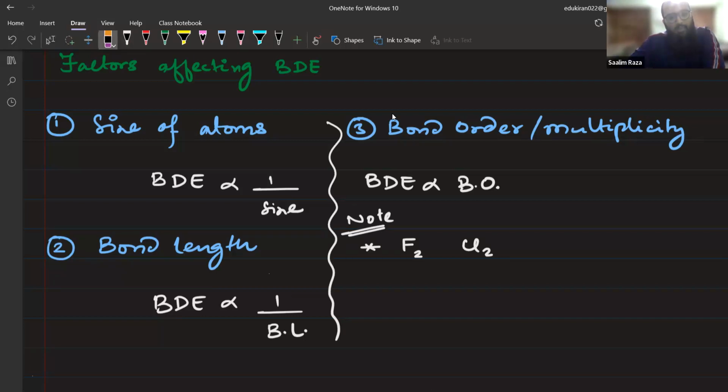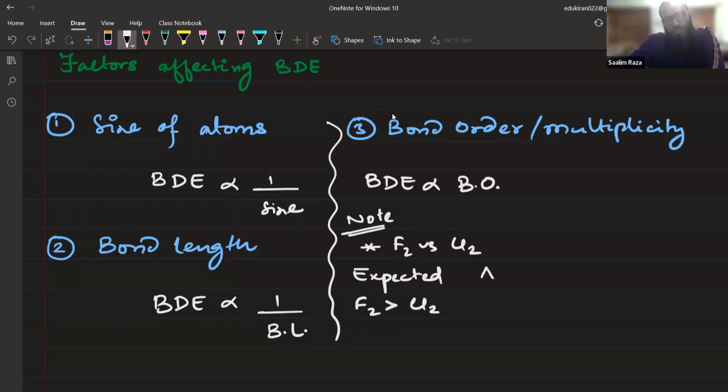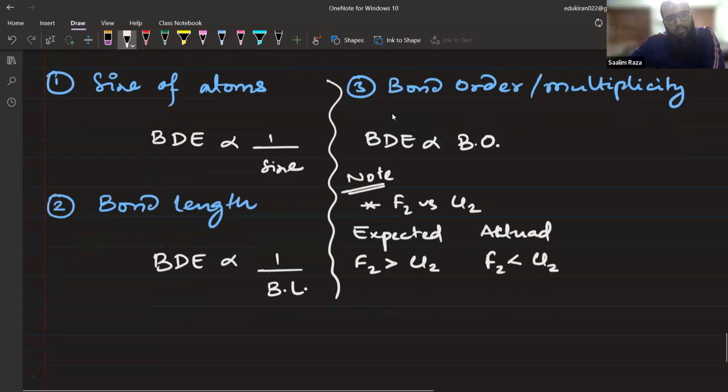If I see the fluorine versus chlorine case, then the expected thing that we had was, F2 versus Cl2, what was expected? Expected was F2 should be having larger bond dissociation energy than Cl2. But the actual thing that we see by data is that F2 can be easily broken, and Cl2 has higher bond dissociation energy or higher bond strength than F2. So why is the case?